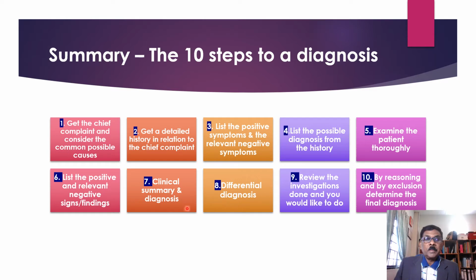At the end of these clinical steps or clinical measures, you then review the investigations done or that you would like to do further. And by reasoning and by exclusion, determine the final diagnosis in this patient.